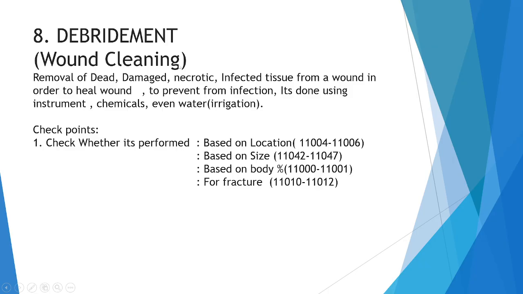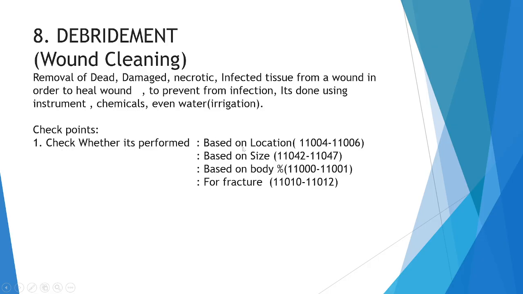Debridement means wound cleaning, the removal of dead, damaged, necrotic, or infected tissue from the wound in order to heal the wound and prevent infection. It is done using instruments, chemicals, or even water, that is irrigation. Debridement coding is something like magic, so there is a checkpoint.